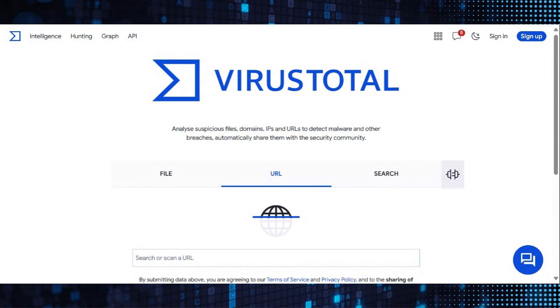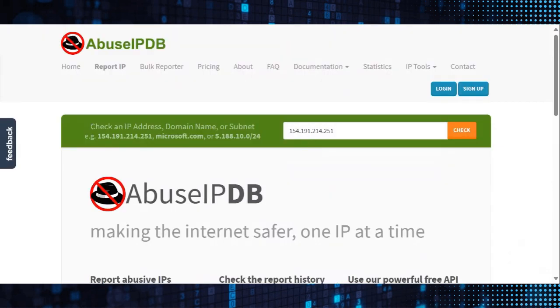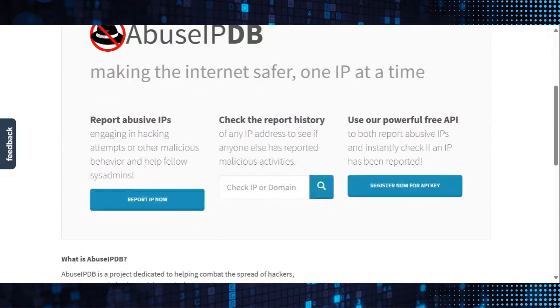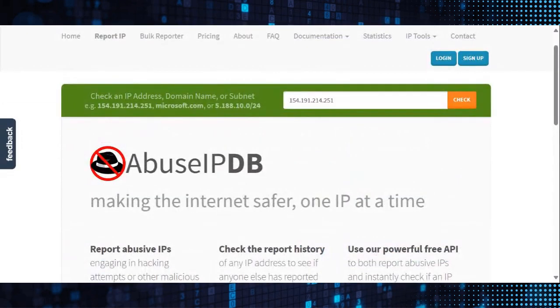We can also use AbuseIPDB, and this website will also provide us with insights and reports about the IP, the domain, and the URL.